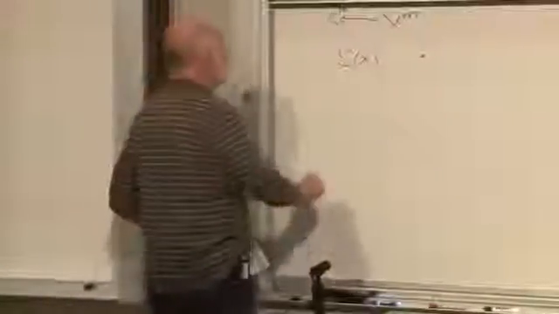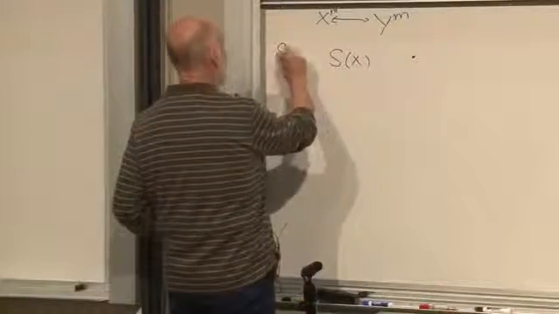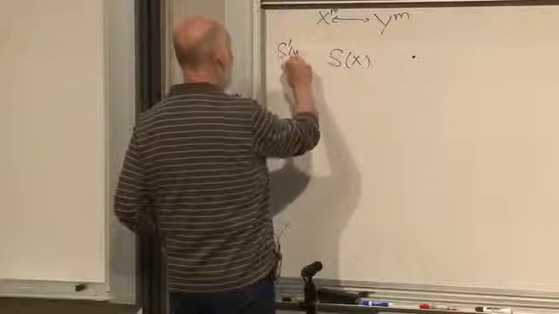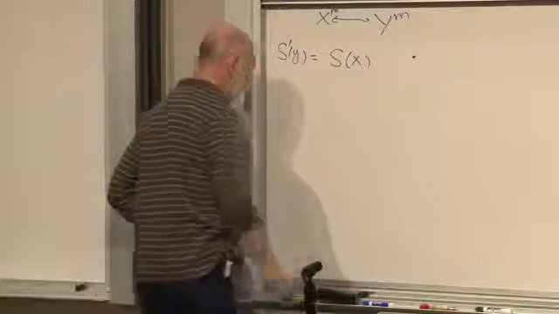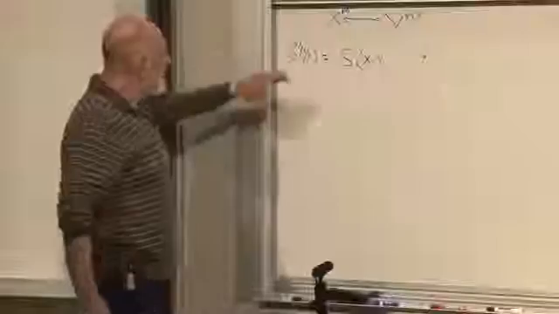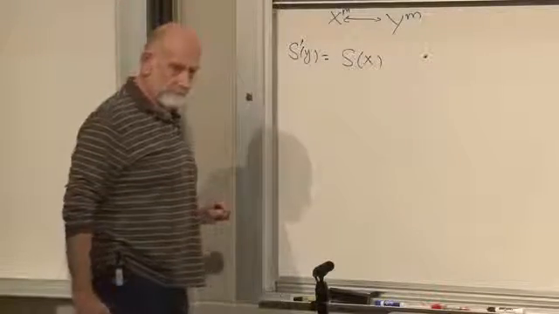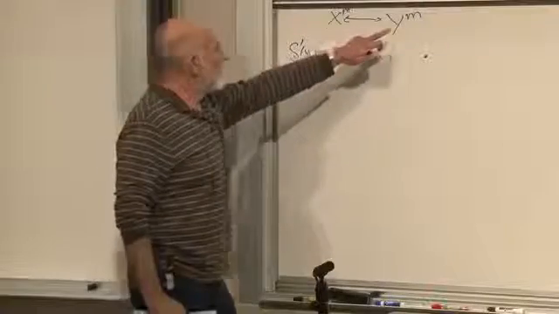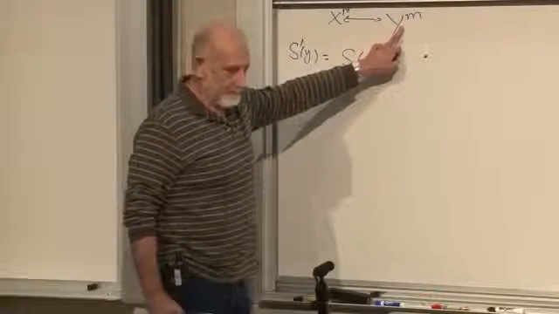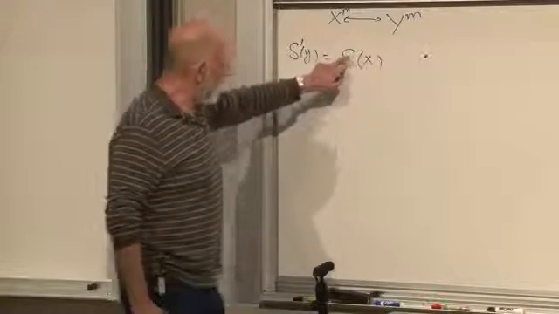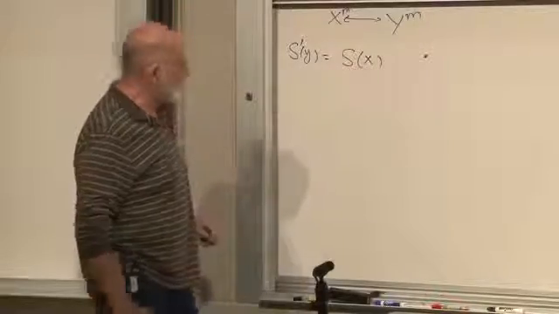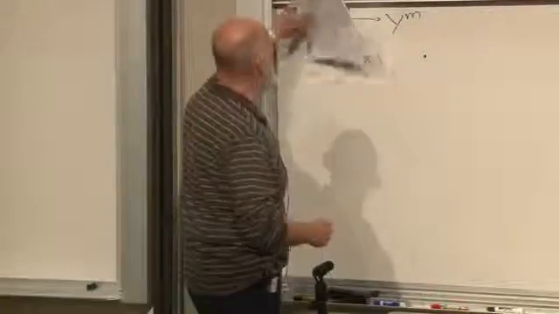So we can write that as S prime of y equals S of x. The prime here simply denotes that I'm talking about a quantity in the coordinate system y. Without a prime, it refers to the coordinate system x. There are two coordinate systems.